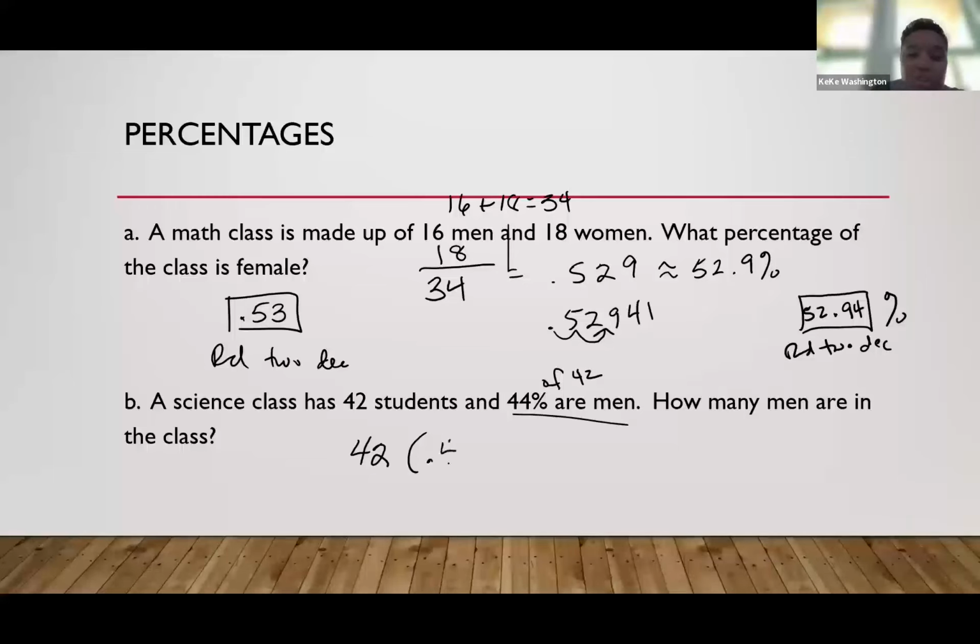So 42 times 0.44; we convert that 44% to a decimal and head to our calculator. That tells me 18.48 are men. You cannot have 0.48 of a man, so we would round that to the nearest whole number and say about 18 men are in the class.